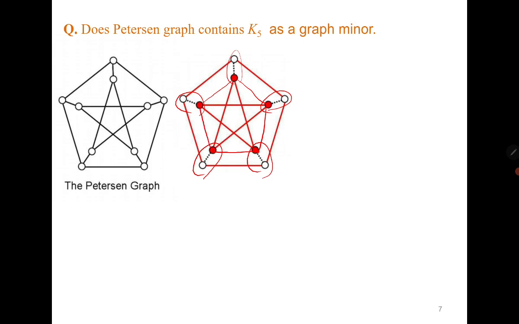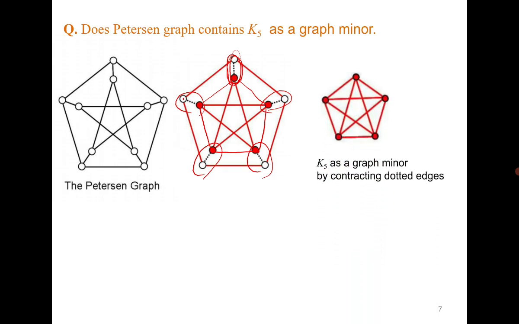Please do try this contraction, because we need a simple contraction. So when you contract this edge, then you can see that these two vertices are adjacent to the white one, so they will be adjacent to the red one. And when you keep contracting the white ones, in the end you will have only the red edges, and therefore you will have K5 as graph minor.